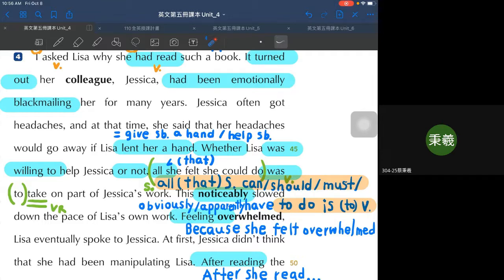So bye-bye, Brian. So this noticeably slowed down the pace of Lisa's own work. So noticeably, here you can underline the phrase noticeably, which means obviously or apparently.